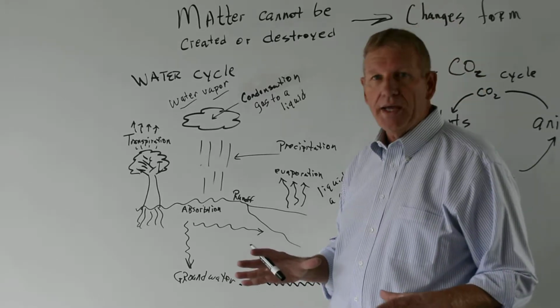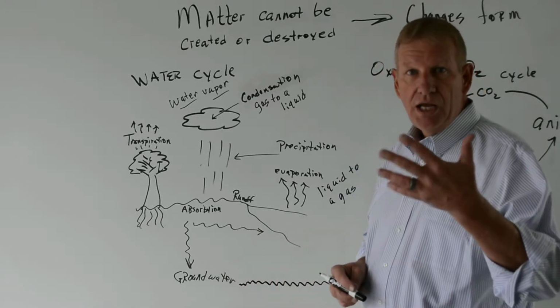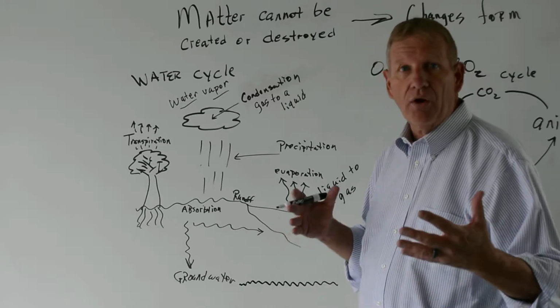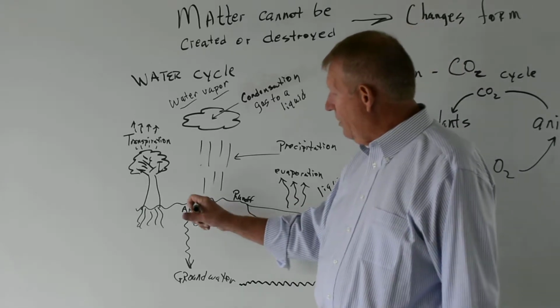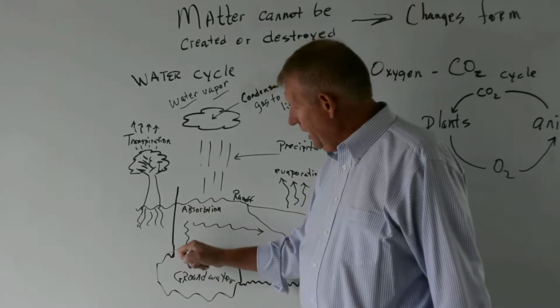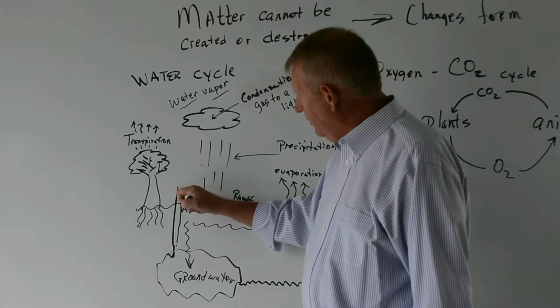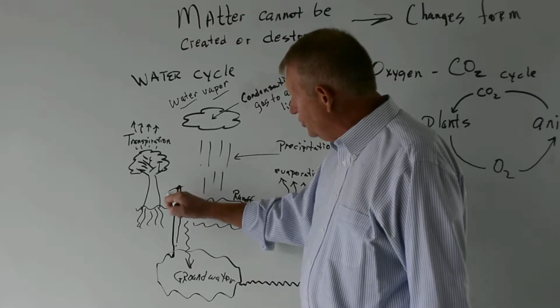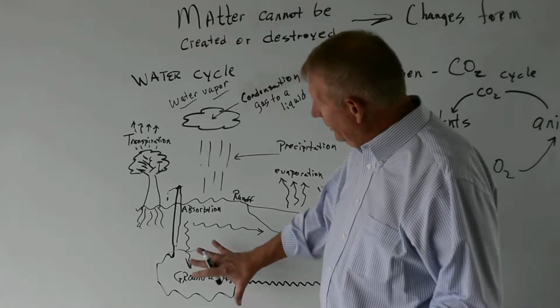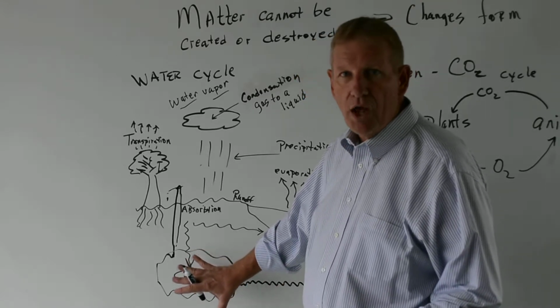So that's why in a lot of areas, especially in New Mexico, where we don't have a lot of rain, we'll go down with a well and we'll find this groundwater, and we'll pump that water out and use it for our house. So a lot of times we'll go down and pump out the groundwater.